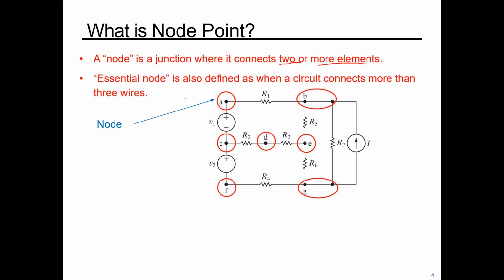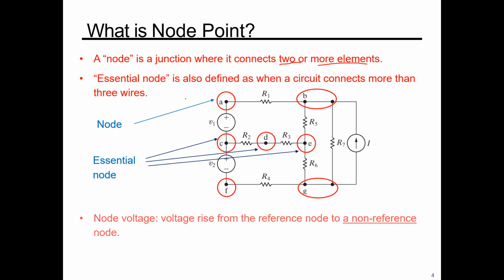An essential node is also defined as where a circuit connects three or more wires. For example, node C and node E connect 3 terminals. Node D connects R2 and R3, and we can also consider it a node, but because it is within the two essential nodes, we can treat it as an essential node, but in reality it's not.